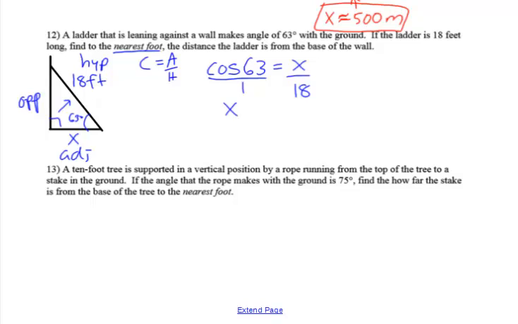It's just a cross product. 18 times the cosine of 63. We'll enter that into our calculator. 18 times the cosine of 63 is 8.1718. Okay, it says round it to the nearest foot. It's going to be approximately 8 feet from the base of the wall.